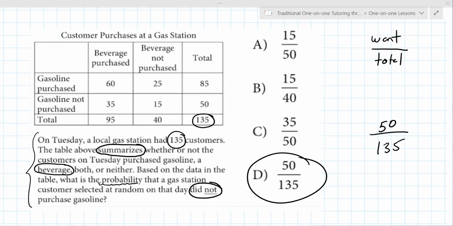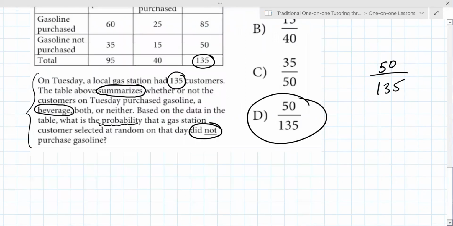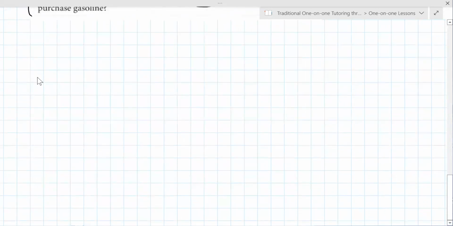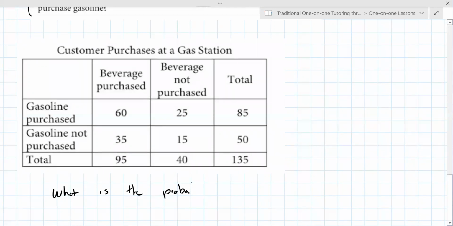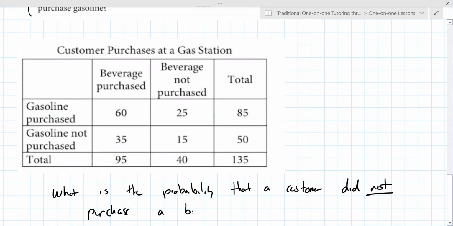So let me give you another problem here related to this one. We'll look at the table again. What is the probability that a customer did not purchase a beverage? Did not purchase a beverage.